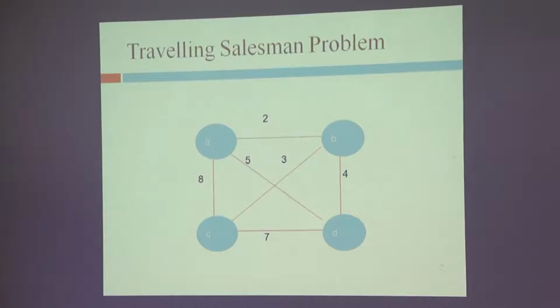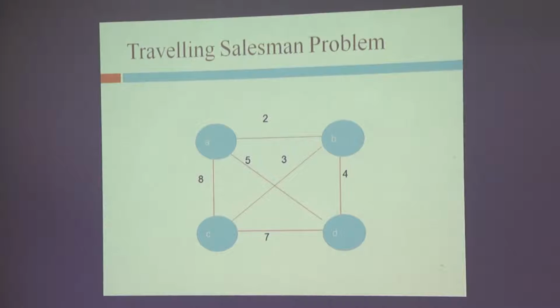With respect to C, AC is 1 edge, BC, so 8 and 3 and 7. So what are the 2 edges with the minimum values? CB and CD, 3 and 7. With respect to D, DB and DA.